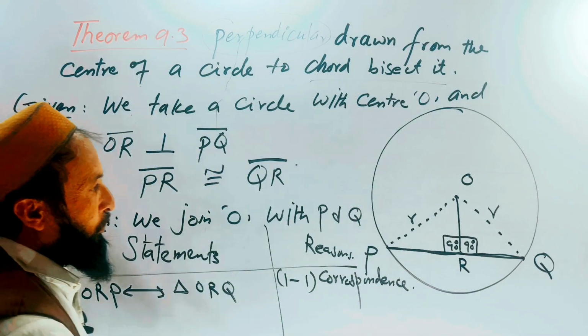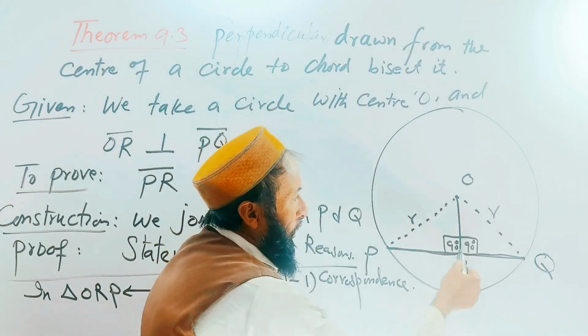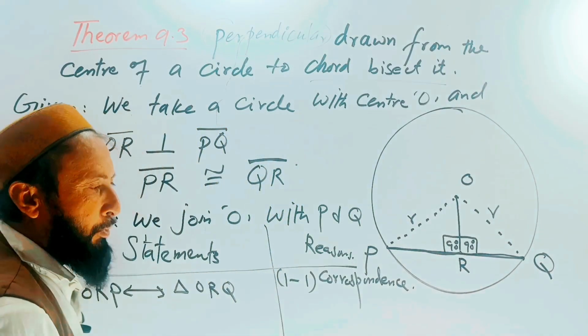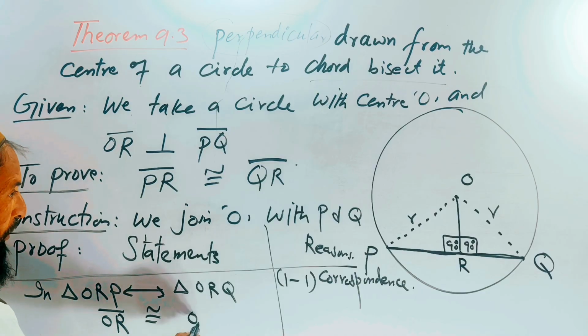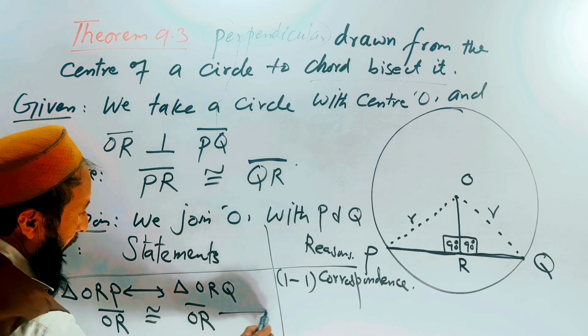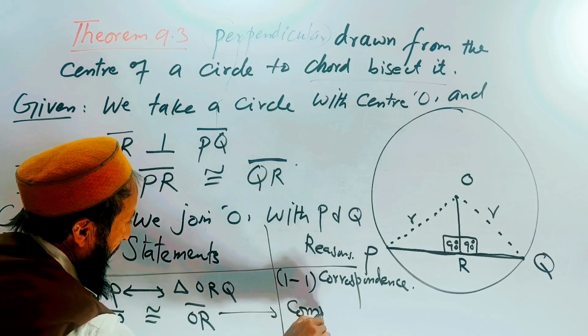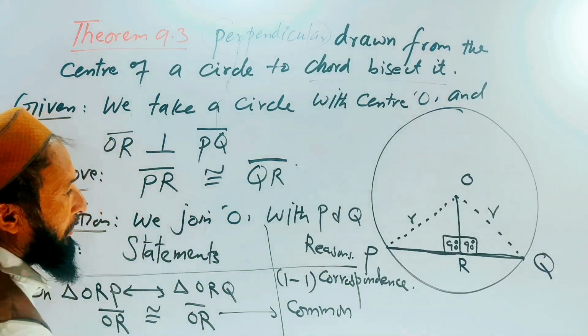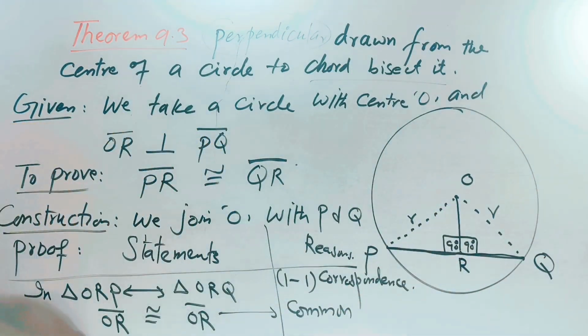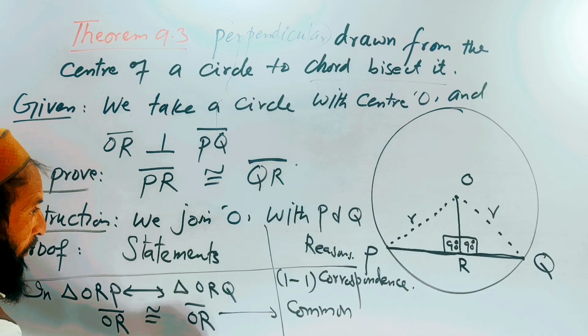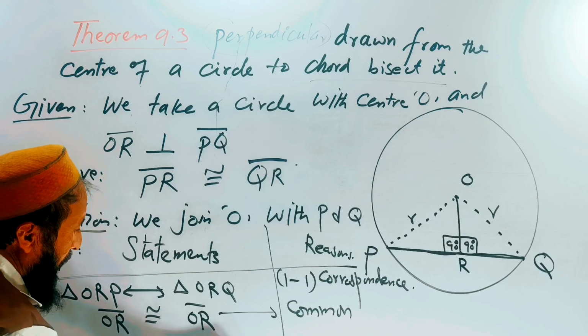First step: OR is common in both triangles, so OR is congruent to OR. Similarly, comparing their angles, angle ORP is congruent to angle ORQ.